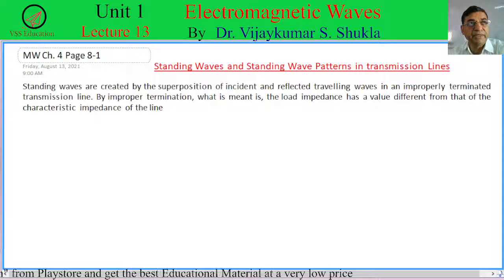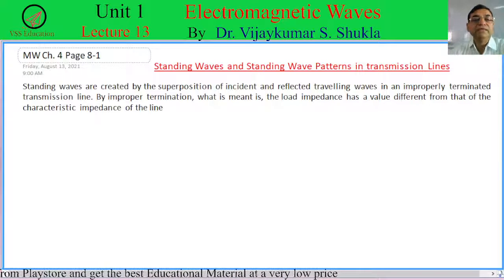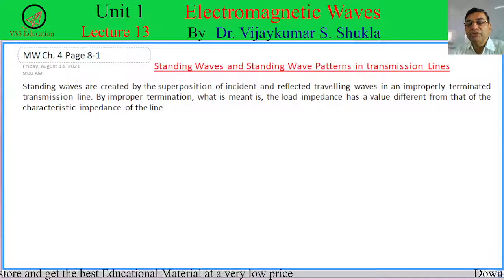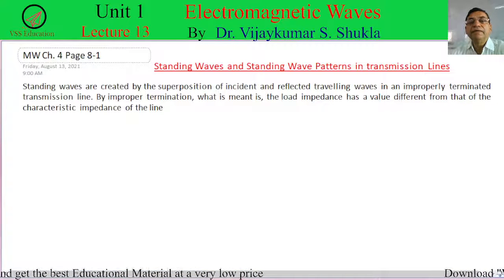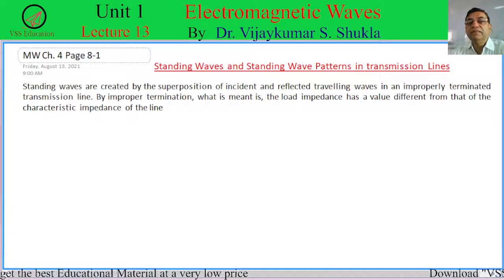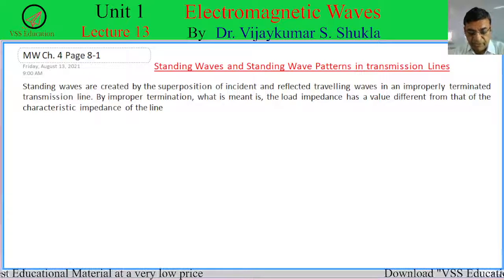Improperly terminated का मतलब when ZL is not equal to Z0, right? So by improper termination, what is meant, ये हमने लिखा हुआ है यहाँ पे, is that the load impedance has a value different from that of the characteristic impedance of the line.